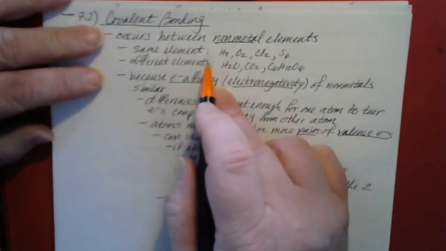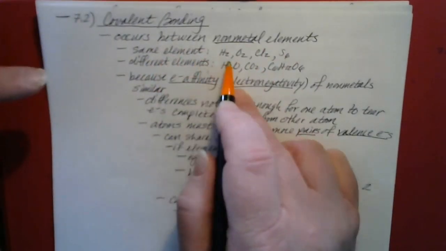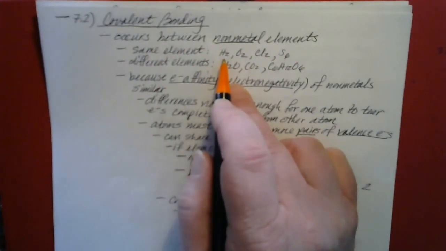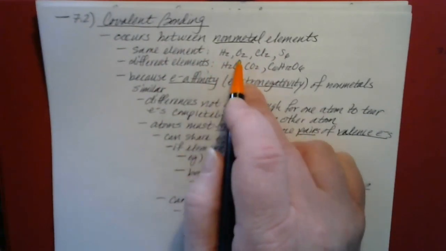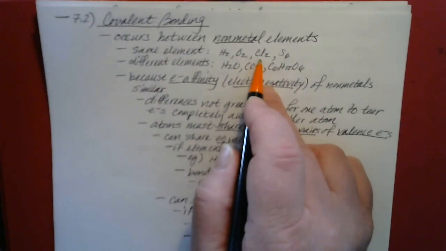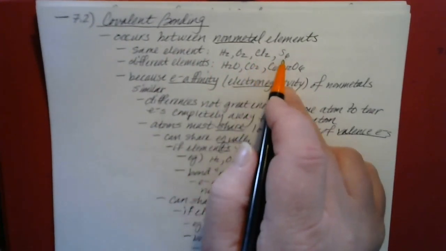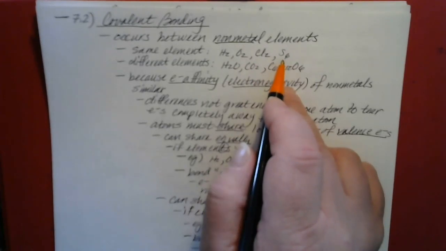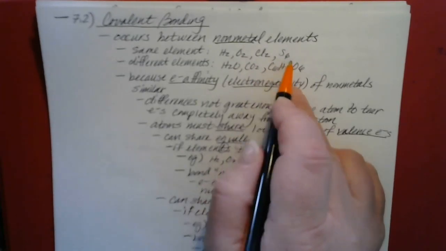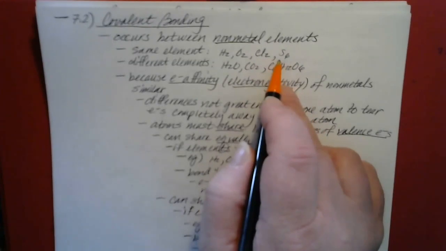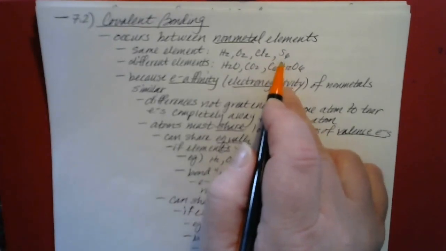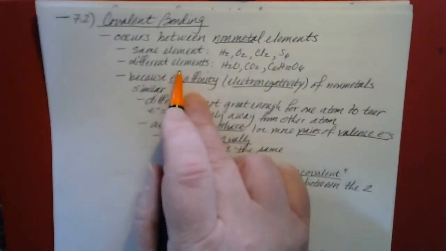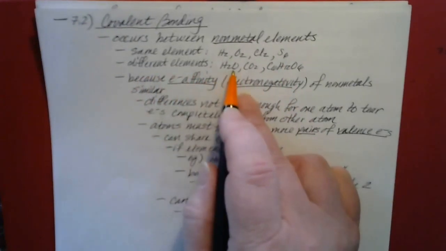Covalent bonding can occur between atoms of the same element, like the diatomic elements, for example, H2, O2, Cl2, N2, and others. And also sulfur, which tends to be found in clusters of 6. So S6, that would involve covalent bonds. Or it can happen between different elements, like in H2O.